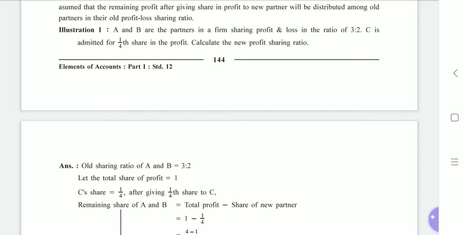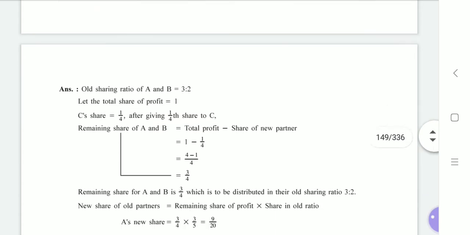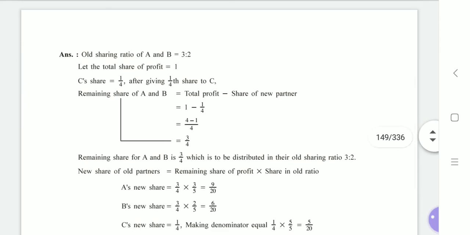We are supposed to calculate the new ratio. Of course, why are we supposed to calculate the new ratio? Because the new partner has been admitted and the profit sharing ratio from now onwards will change. So, the old ratio is 3:2. Suppose the total share of profit is 1, and as given in the question, the share of C is 1/4.